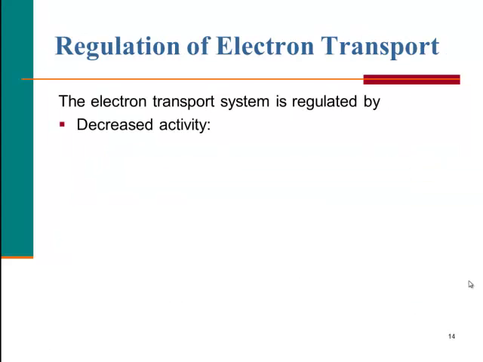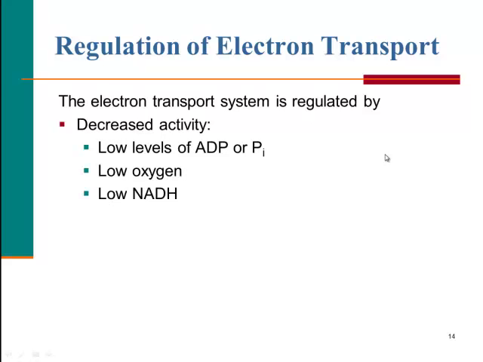The electron transport system is going to be turned on and off based upon the energy needs of the cell. When there are low levels of the reactants, remember that the electron transport chain requires both ADP and phosphate as it makes ATP. It also requires oxygen to be present to accept the electrons at the very end.